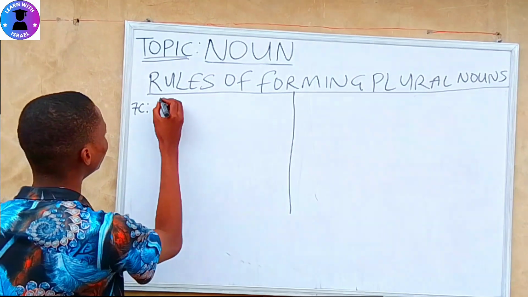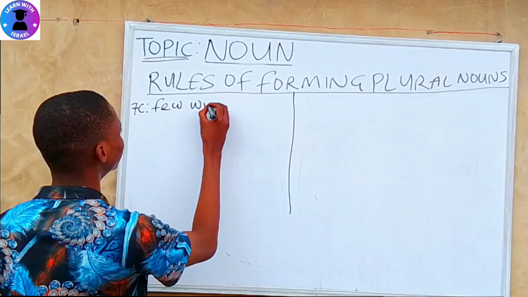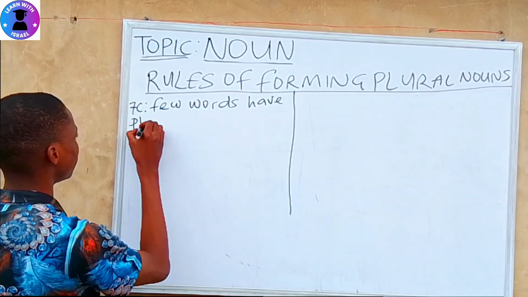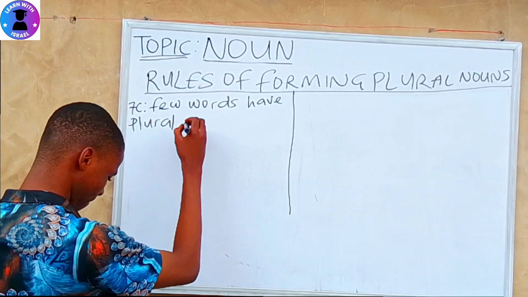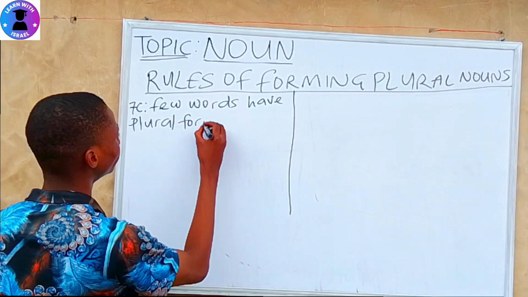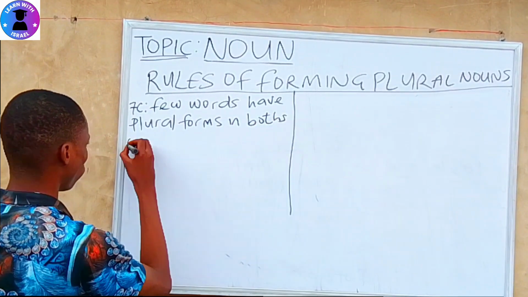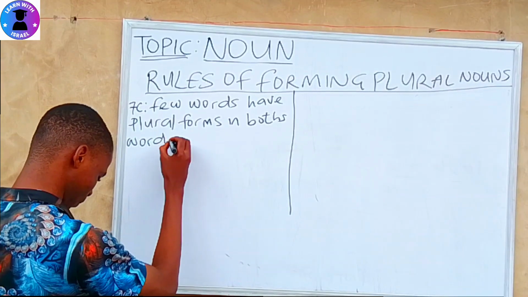So for 7C, few words have plural form in both words of a compound noun.